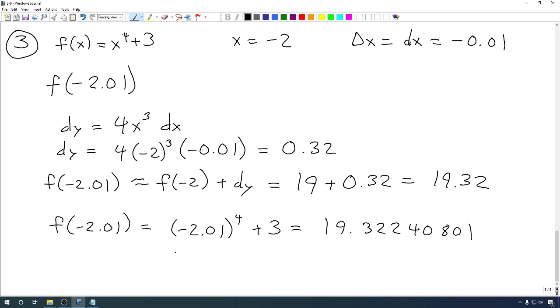Maybe it'd actually be easier just to take the 4th power than it was to take the derivative. Though taking the derivative of x to the 4th wasn't too bad anyways. So whether or not this saves you some work might be questionable, but the result really isn't. This is a pretty good approximation. It's not far off by a lot.